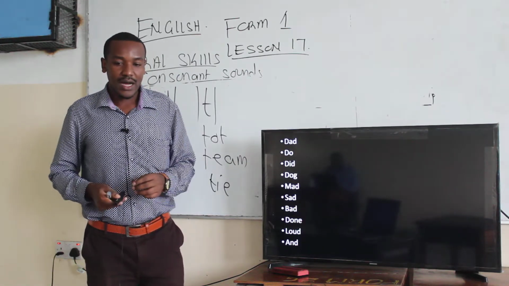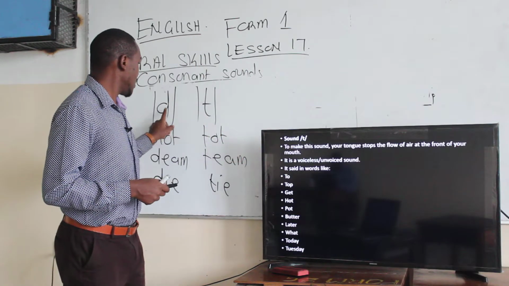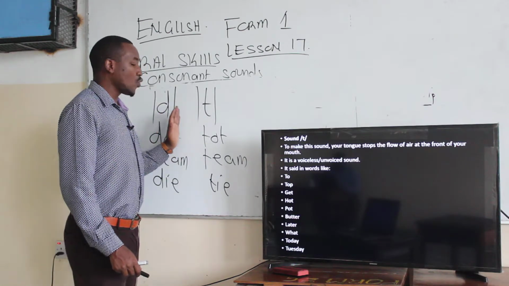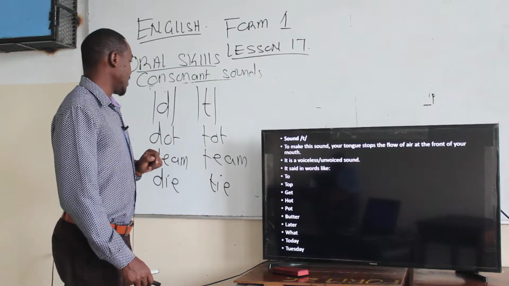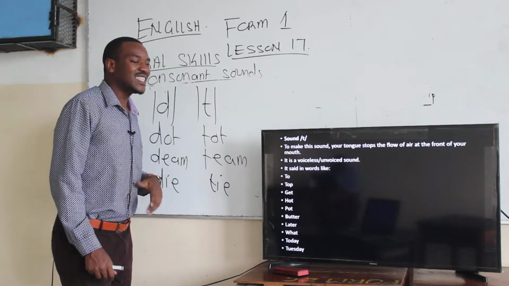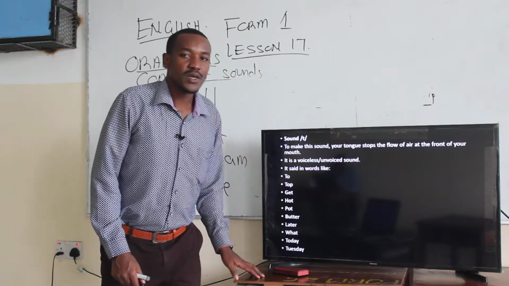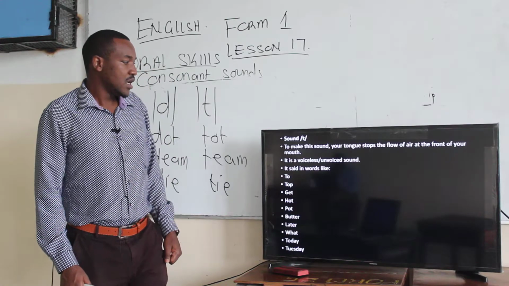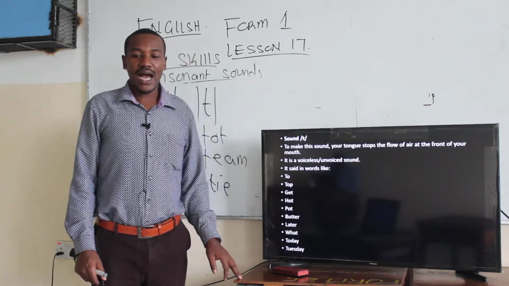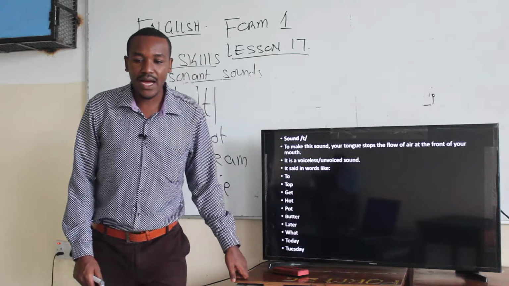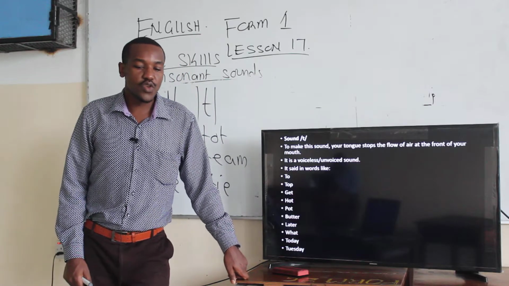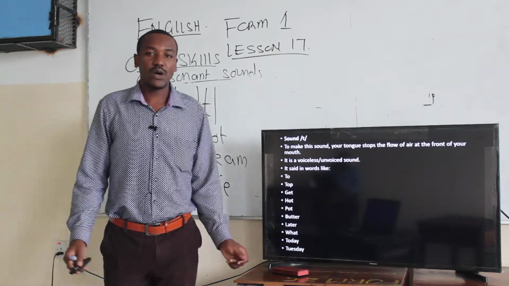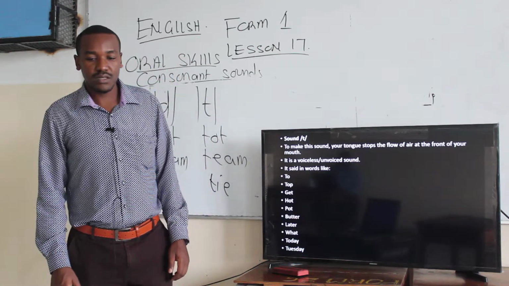Now let's look at the next sound, as we say, D and T. The main difference between the two is that one is voiced and the other one is voiceless. So when we say T: team, time, dime, time. To make this sound, your tongue stops the flow of air at the front of your mouth. It is a voiceless sound, which simply means unvoiced.